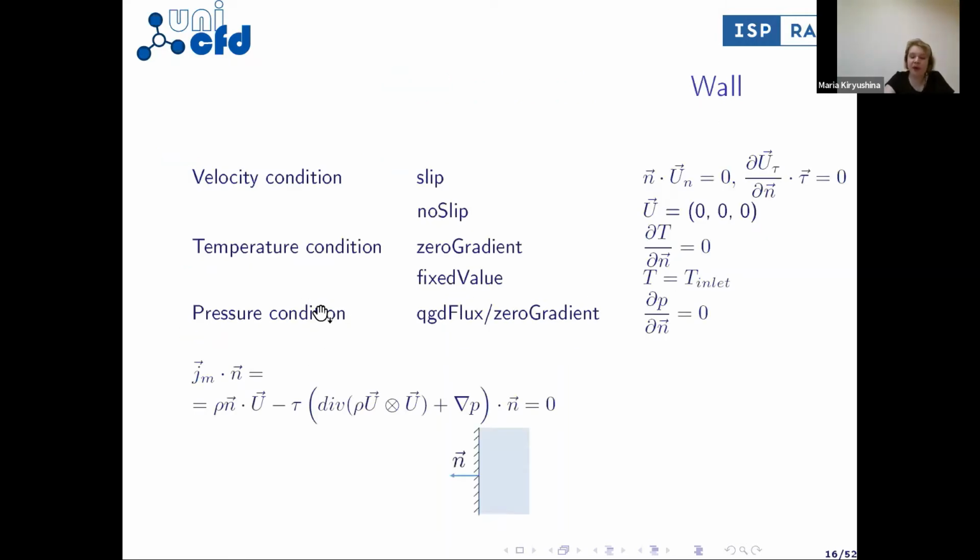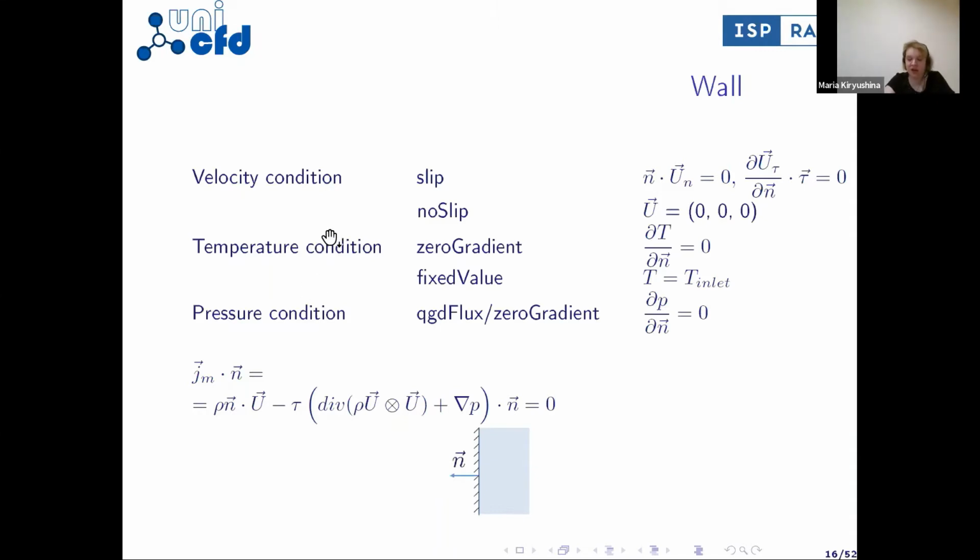Here we see boundary conditions for the velocity, temperature and pressure. For the velocity, it's the condition of slip and no slip. The product of n and u equals 0, and the derivative of u tau in normal direction equals 0 in the first case, and the velocity equals 0 on all components in the second.